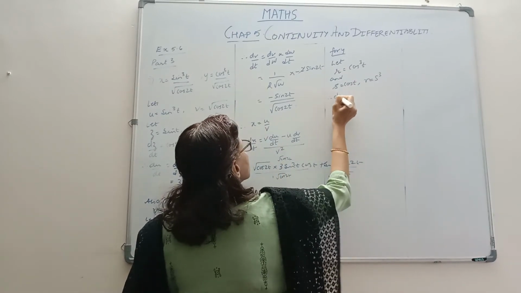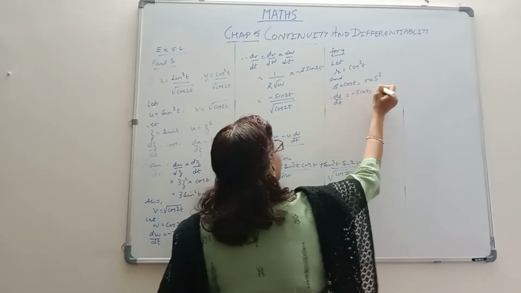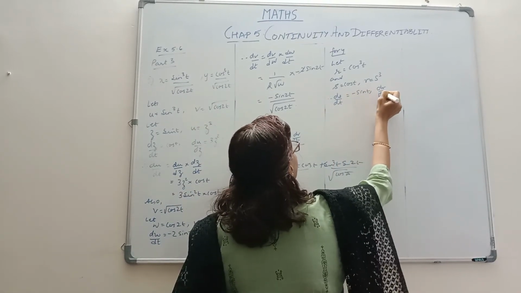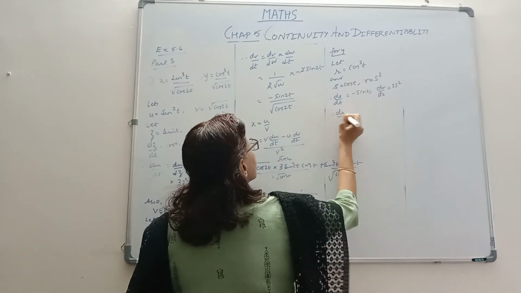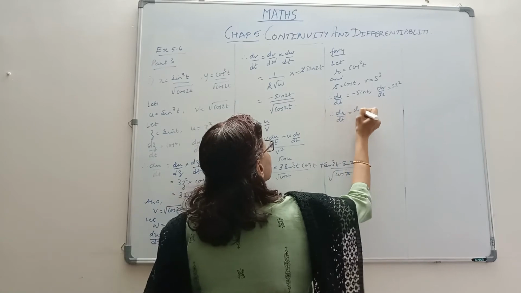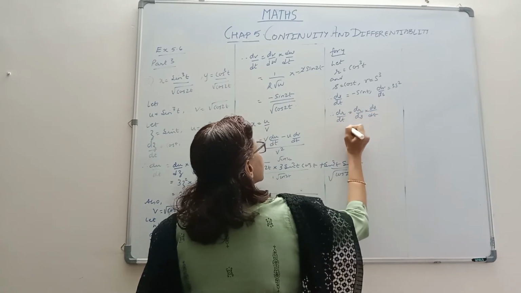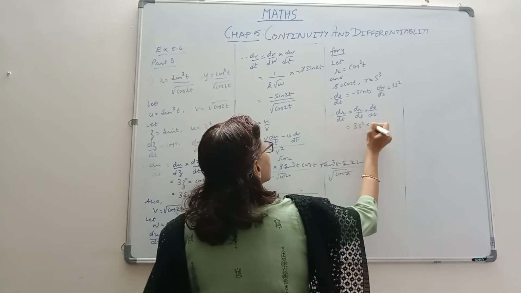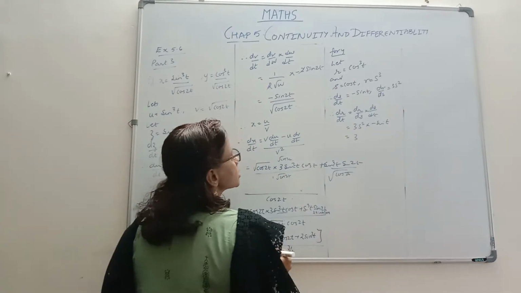So let's get the derivative. ds by dt is minus sin t, and dr by ds is 3s squared. Like that, your dr by dt will become dr by ds into ds by dt. That means 3s squared into minus sin t, and s means it is cos t.